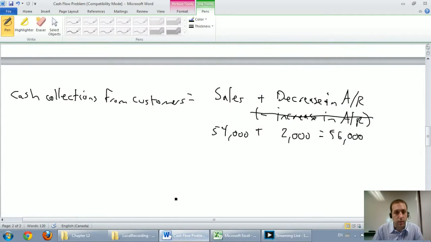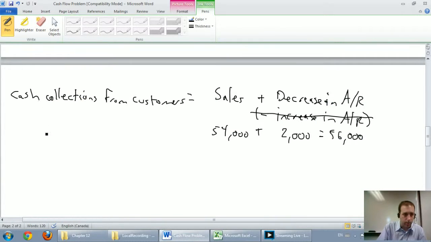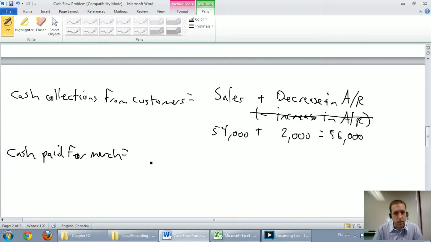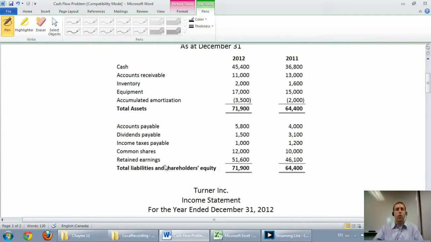The next one I'd like to do is cash paid for merchandise. It's the next on my template. For this formula, again, I'd ask you to look up at your financial statements and say, which accounts are likely to be involved in paying for merchandise?